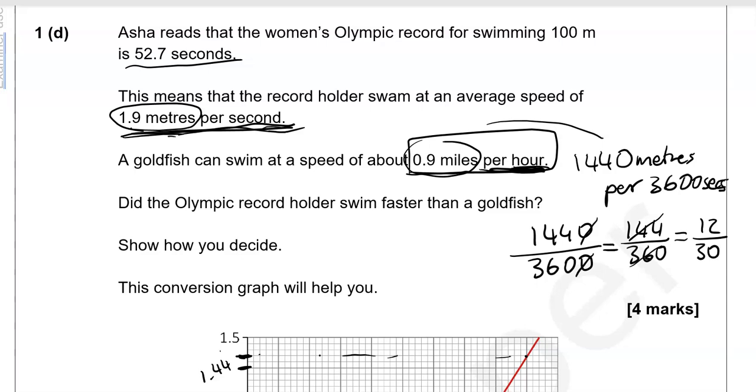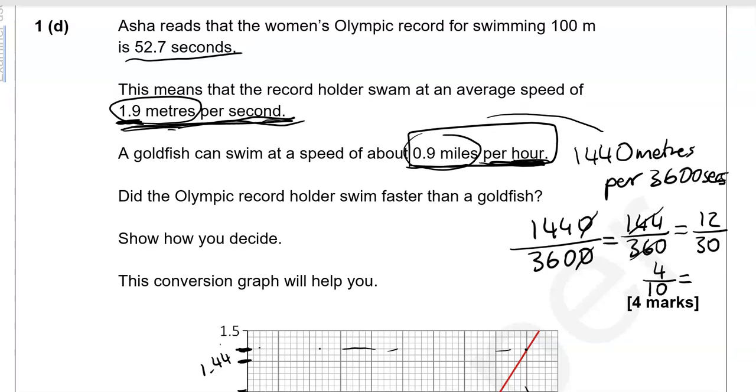Again, we can still simplify this further. If we divide both of them by 3, we get 4 over 10. And as we're going to write this in decimal form, just like we've got the 1.9, I'm going to convert this now to 0.4. So this is now 0.4 meters per second.